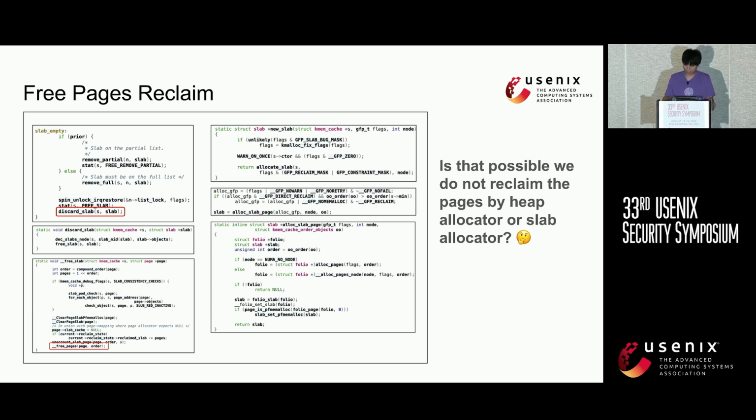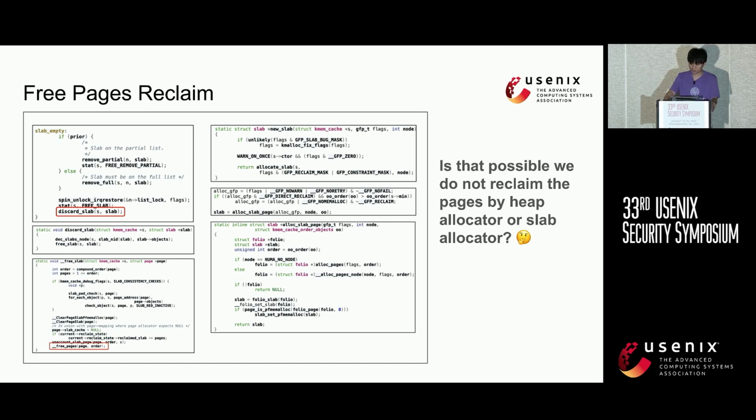On the other hand, when a new slab is going to be created, the kernel will invoke some allocation function, and inside this function, the pages will be allocated for the new slab caches. So as we can see, the allocation and the free of pages are the fundamental operations for the slab allocator or heap allocator.